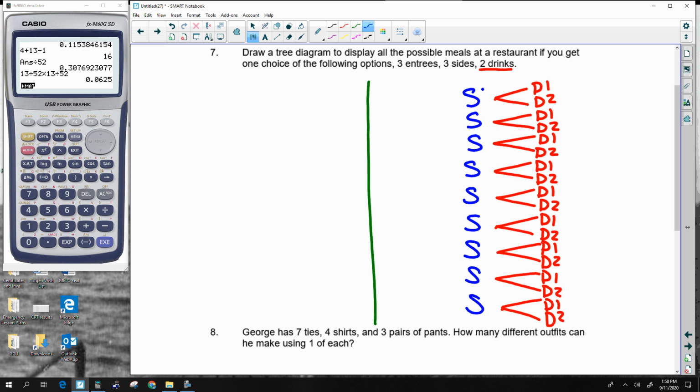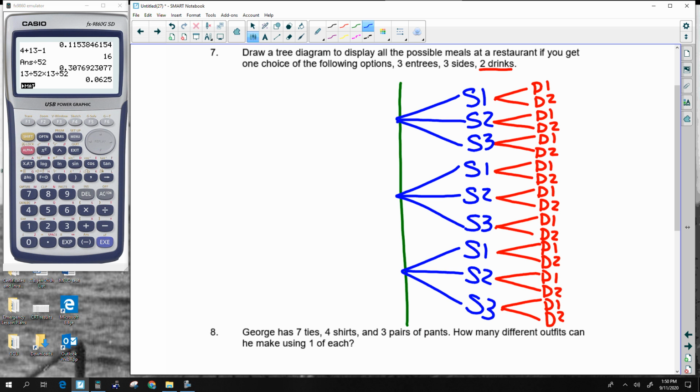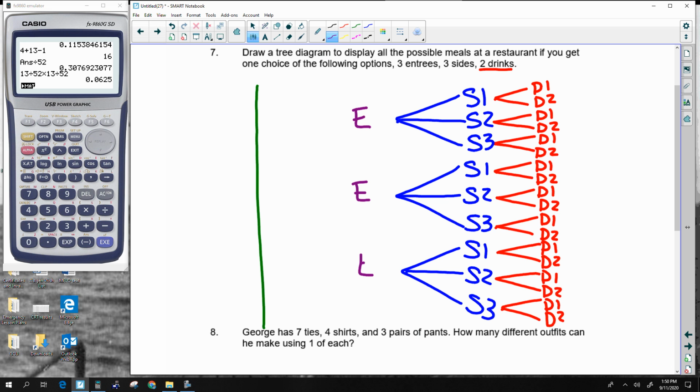There are 3 of those. And before that, we have entrees. There are 3 of those.